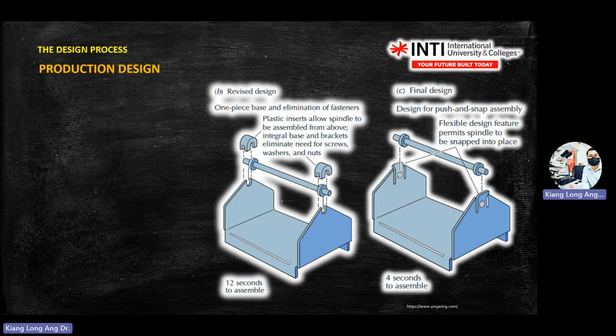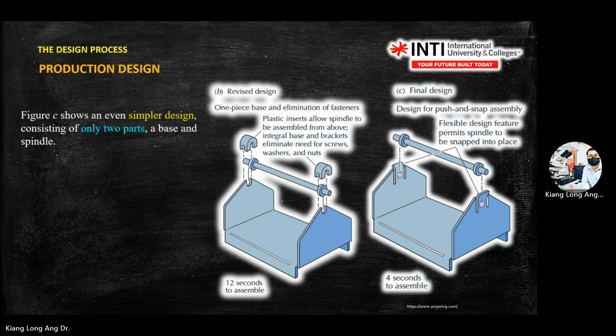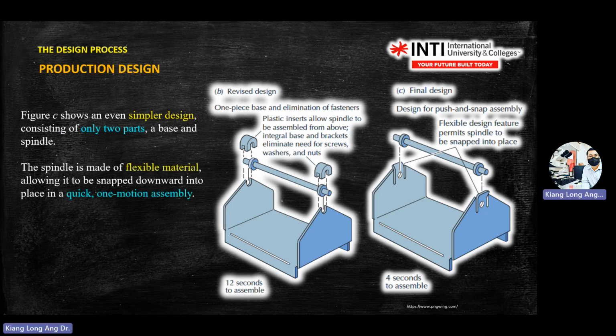This is a simplification example. It reduced from many parts into 2 main parts only, the body and the handle, which just slot in. One quick motion, and you only need one motion to do it. Just push the thing in, rather than screw and all this.